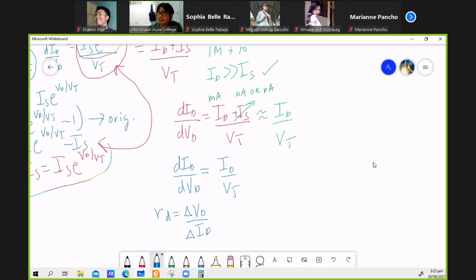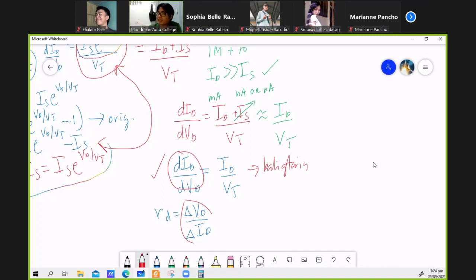Itong equation natin, derivative of ID with respect to dVD, baliktad. Kung ikukumpara mo itong dalawang to, baliktad. Ano gagawin natin? Di baliktarin mo rin to. Baliktarin natin para makuha mo si AC resistance.